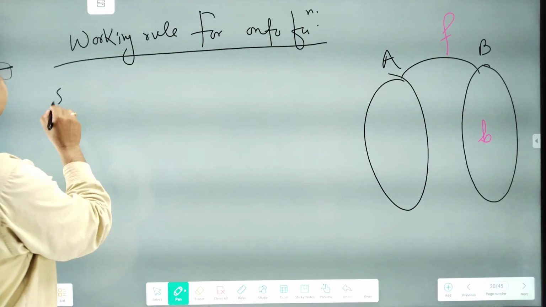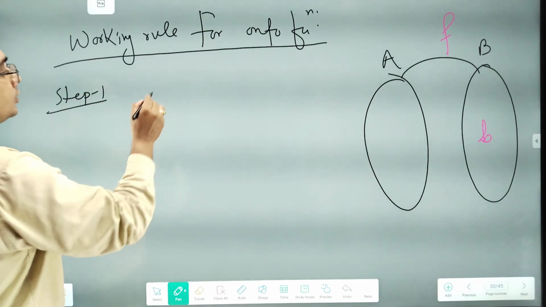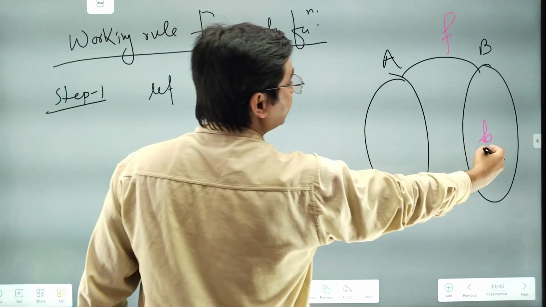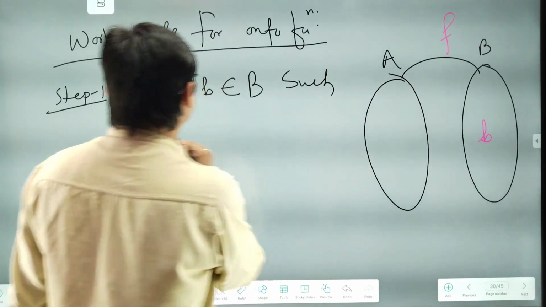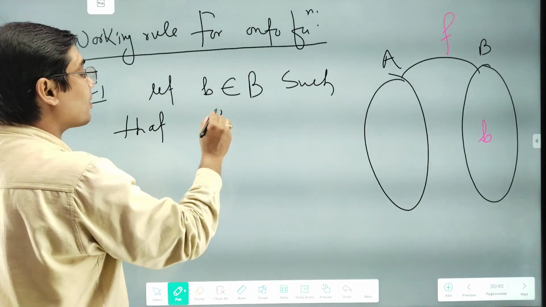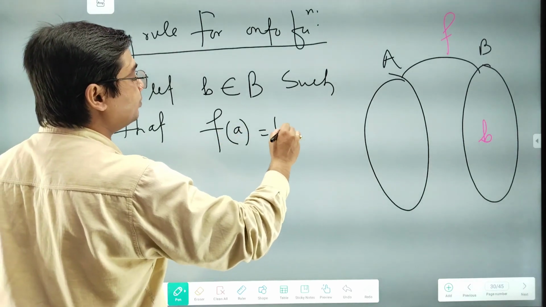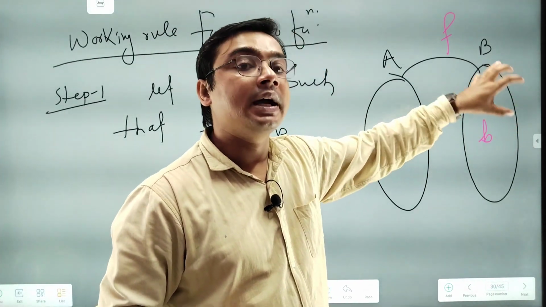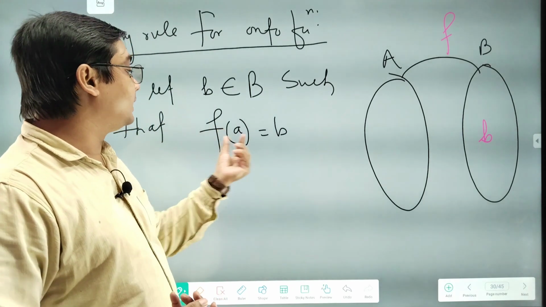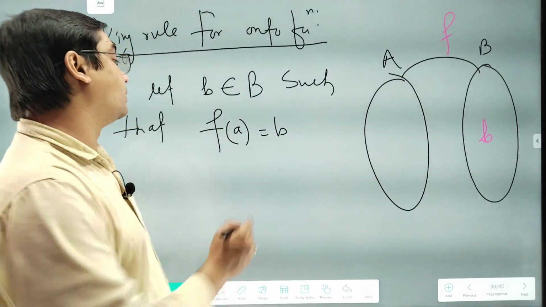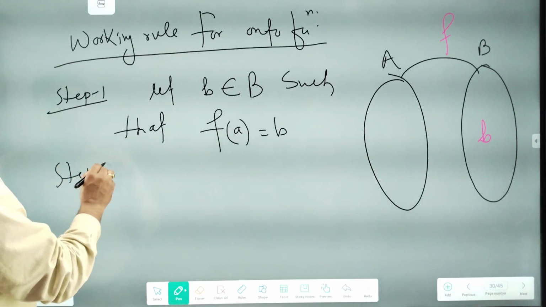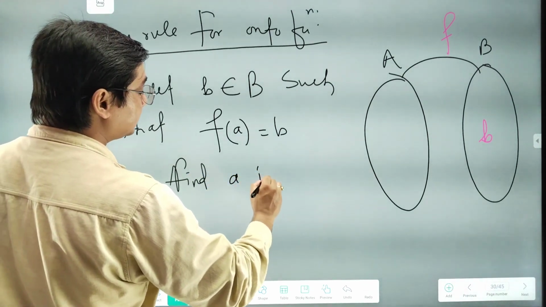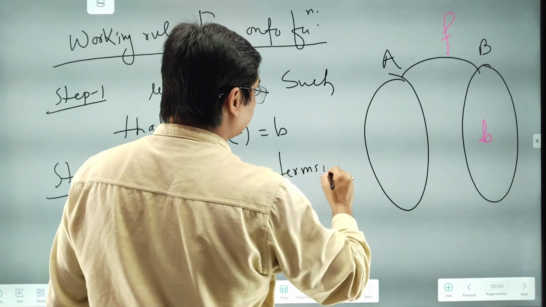In the first step, let small b belong to this set, take any one element such that f of a equals b. Just consider any element b in this set and assume f of a equal to small b. Now in the second step, find a in terms of b.